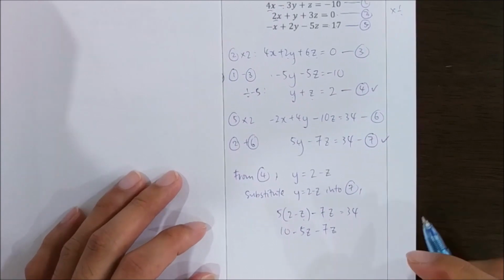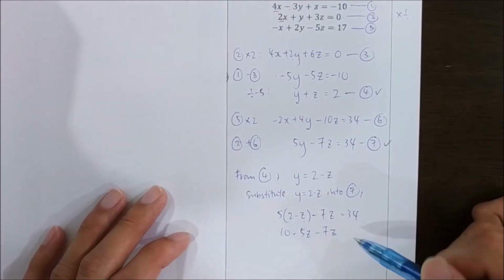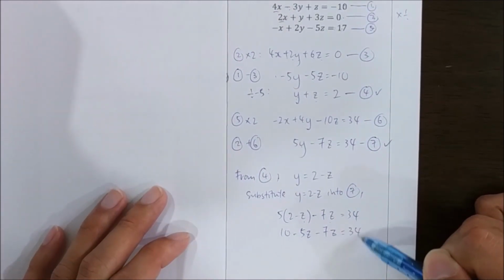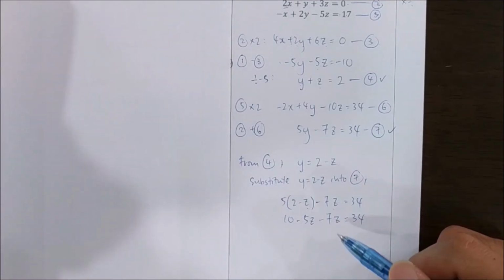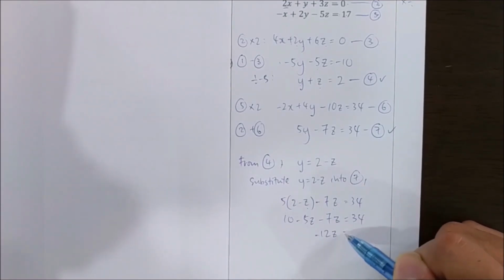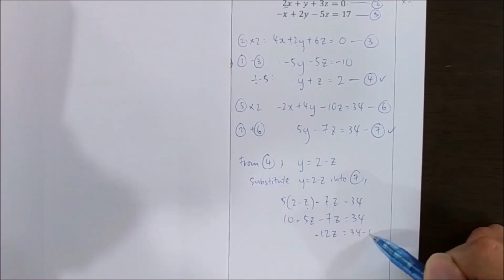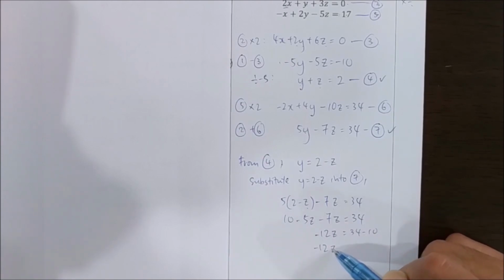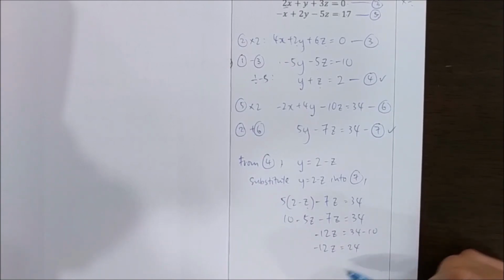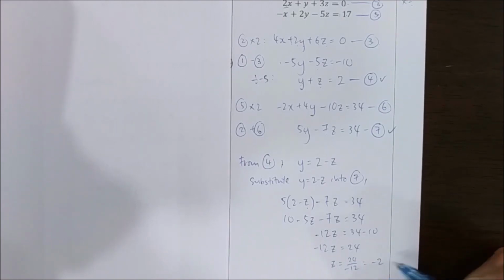And after that, we try to simplify the equation to find the value of z. So z equals -2.